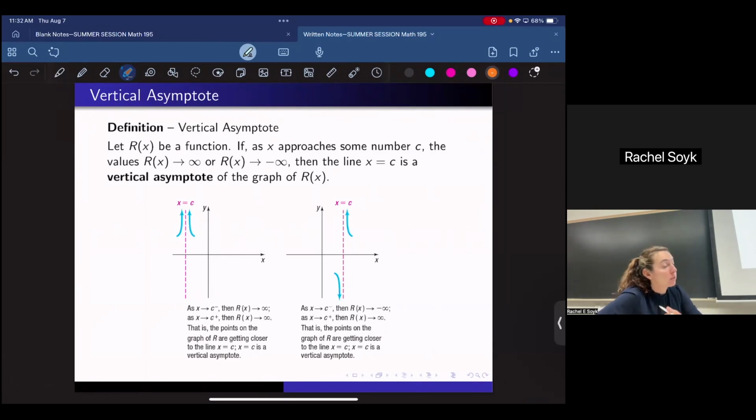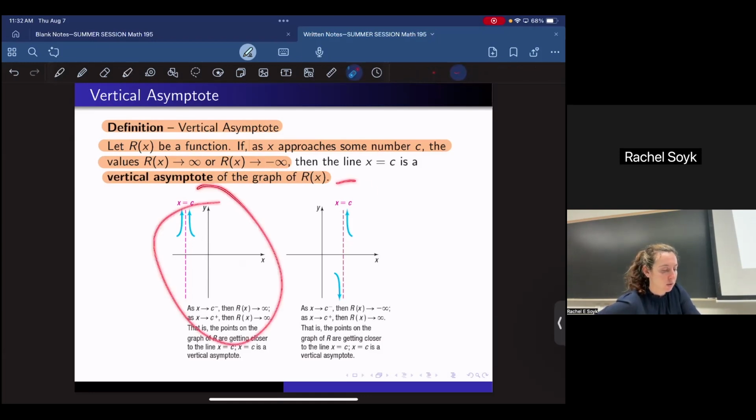And so our formal definition of a vertical asymptote: if we have a function r of x, as x approaches some number c, the values r of x approach either infinity or negative infinity, then the line x equals c must be our vertical asymptote. And these are just two different cases representing that.